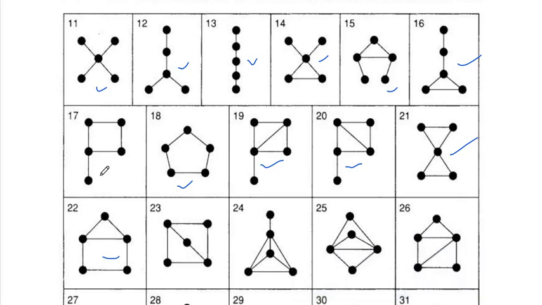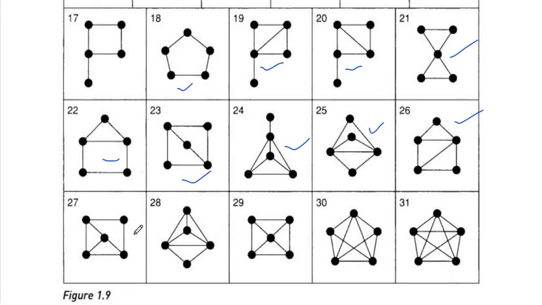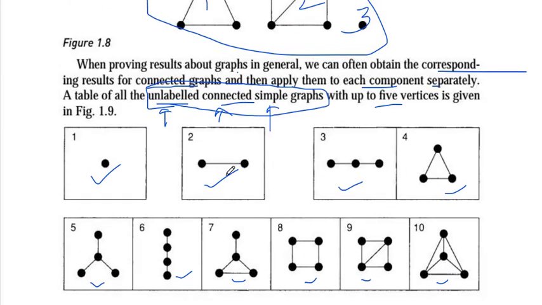Okay, so for now this is an example of an unlabeled graph. We can make a number of graphs for the given vertices. You can see that there are 31 possible for this particular condition. If labeled graphs were given, then the number of graphs would be 100 or 200 also.